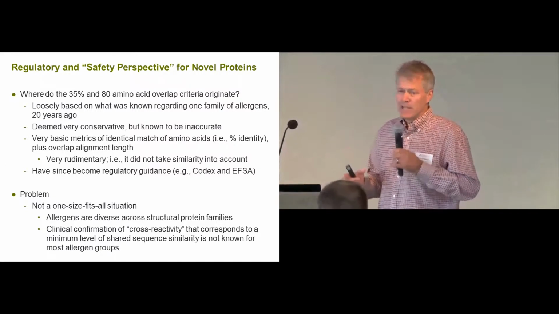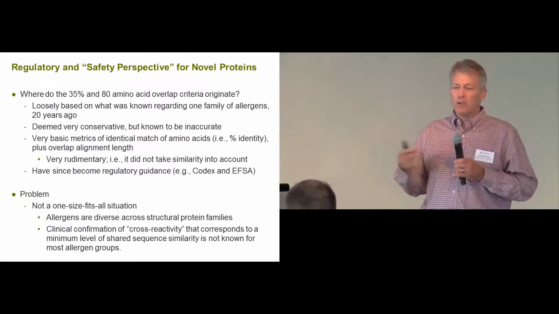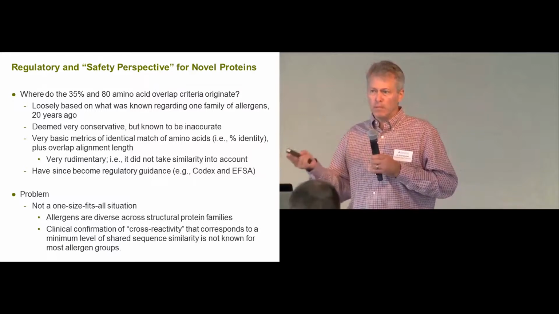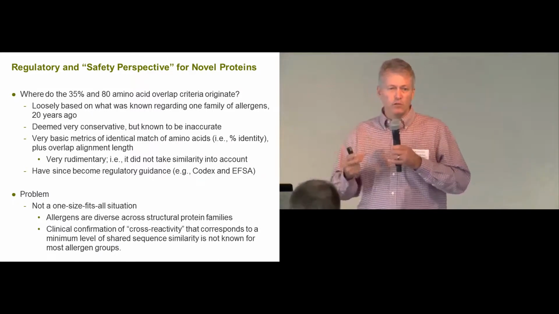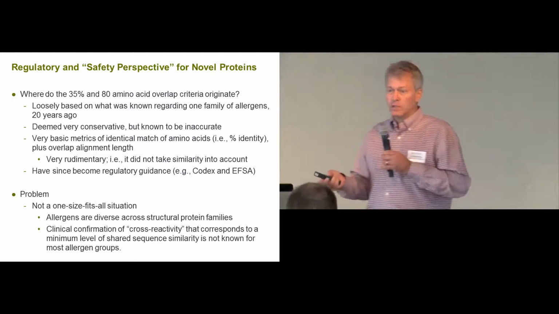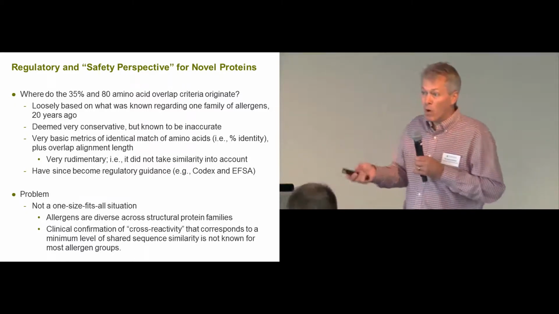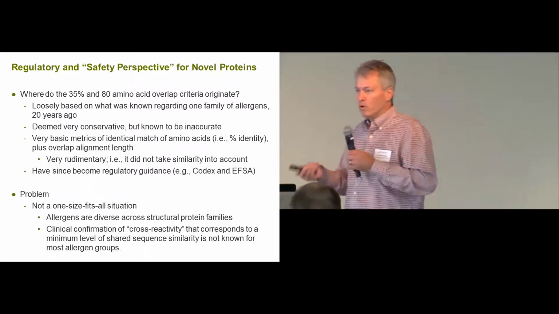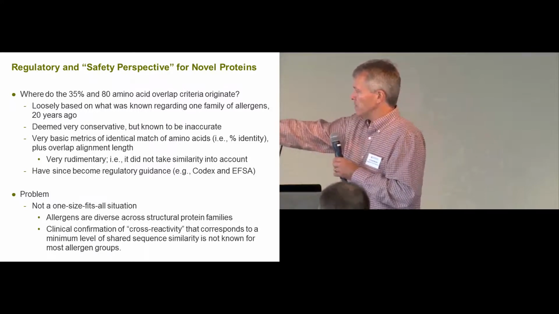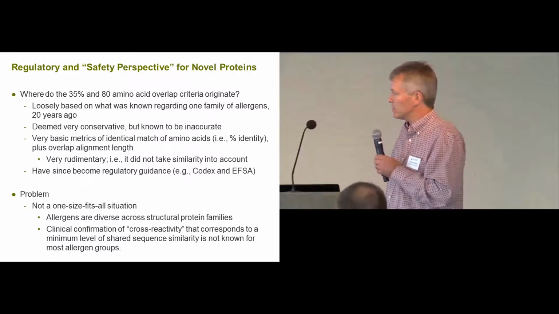In fact, in the allergen database that I refer to, about half of what's in there you would call orphan proteins, where you maybe only have one or two members from a structural protein family. And they're allergens, but all the other members of that structural class are not. We don't know why, but more work needs to be done to really understand that. So it's not a one-size-fits-all situation as the 35/80 would suggest.